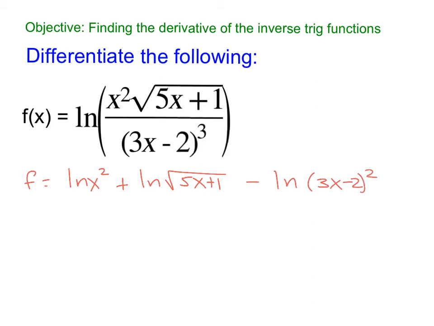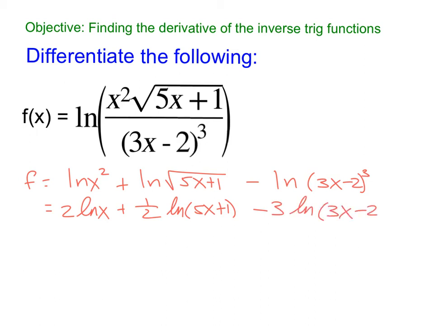So then I'm going to rewrite it to make it even nicer. 2 ln of x, 1/2 ln of 5x plus 1 minus, I wrote that wrong, that's a 3. 3 ln of 3x minus 2. So now I simplified my function.